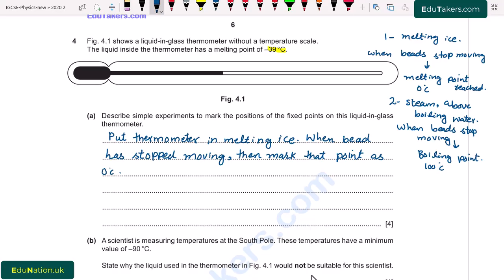Again, put the thermometer in steam, above boiling point.